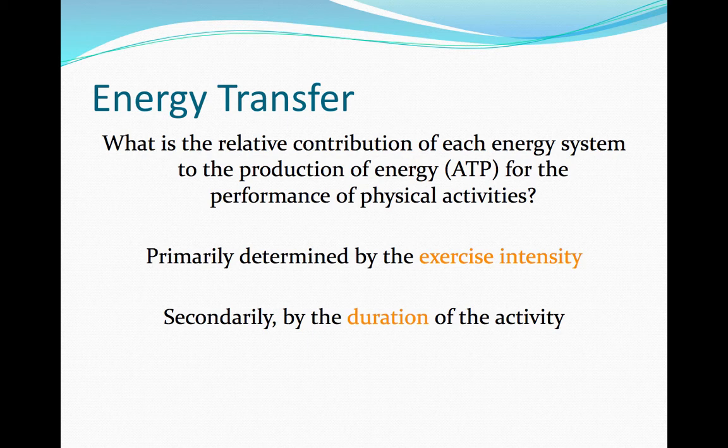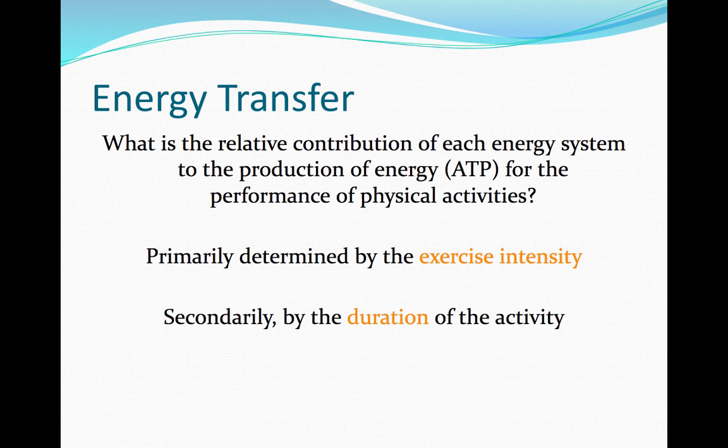The second rule is that energy systems or energy pathways are time and intensity dependent. So what that means is that even though they're running all the time, or they're all contributing somewhat to the creation of ATP, one is probably going to predominate. One's going to be the big driver, if you will.